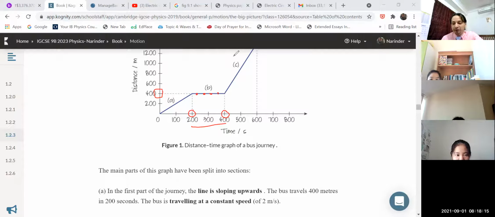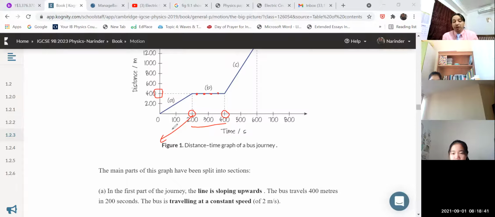Line is horizontal in a distance time graph. What kind of motion is this? Or maybe the bus is taking a rest. Yeah. Here, children, the bus is not at all moving. The bus is stationary, which means after 200 seconds the bus stops.